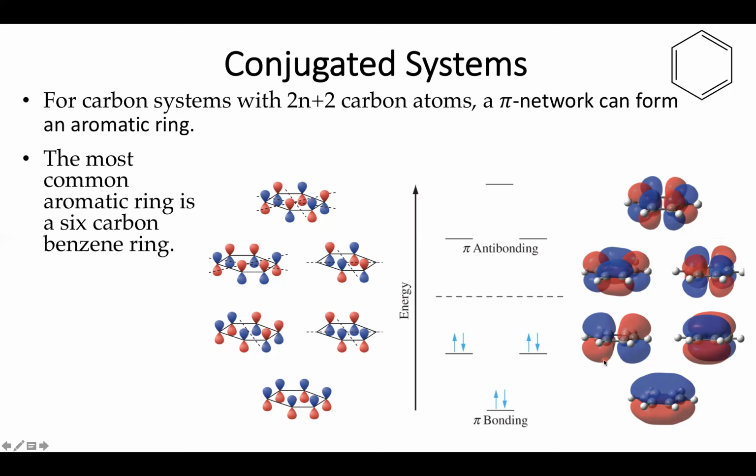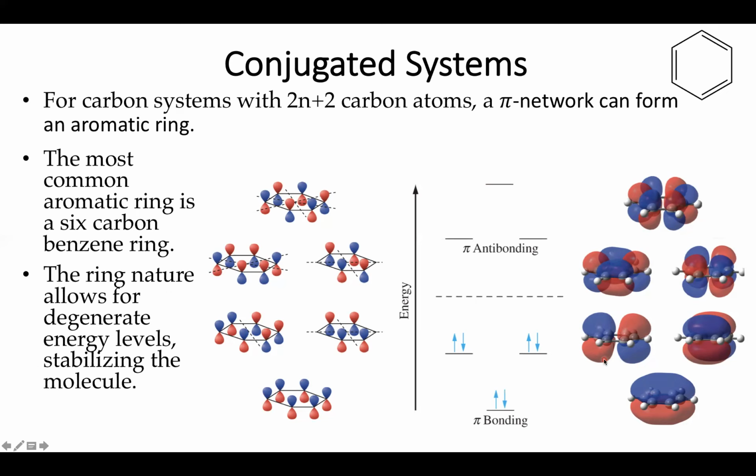Now, in a straight carbon chain, the next one would have 2 nodes. However, when you introduce the cyclic compound, you end up producing a degenerate energy level where you have one node in one direction and another node in the opposite or perpendicular direction.